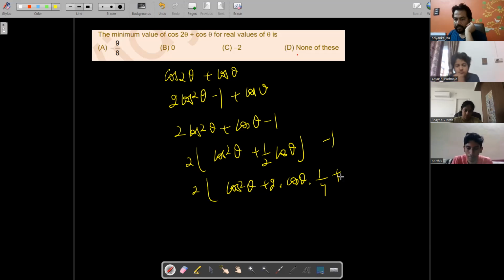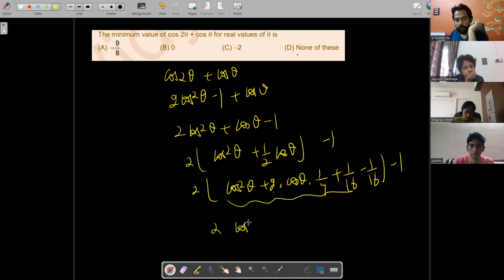I hope everyone knows how to make a perfect square. Because you have added b square, 1 by 16, you have to balance it as well. So from here it will give cos theta plus 1 by 4 whole square.